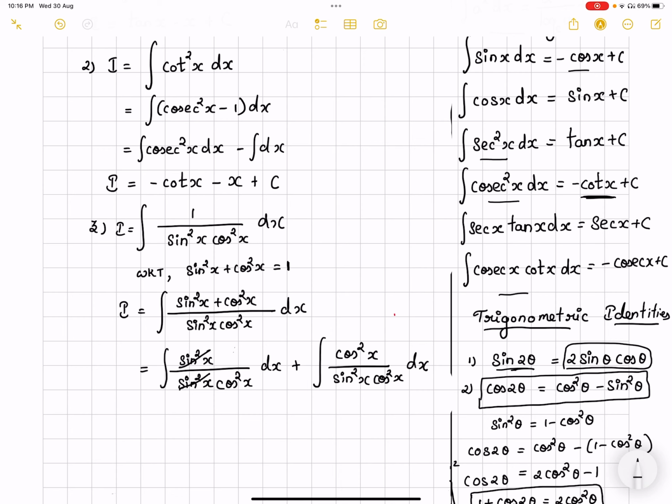Sine square gets cancelled here, cos square gets cancelled here, and I'm left with 1 by cos square. 1 by cos square is nothing but secant square x dx plus integral 1 by sine square is nothing but cosecant square x dx.